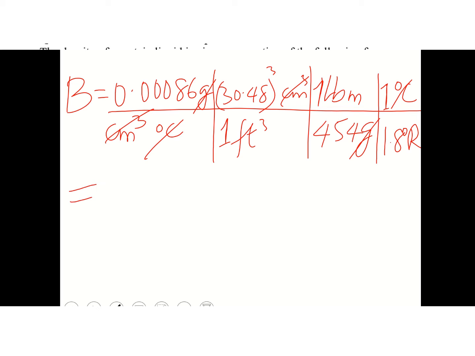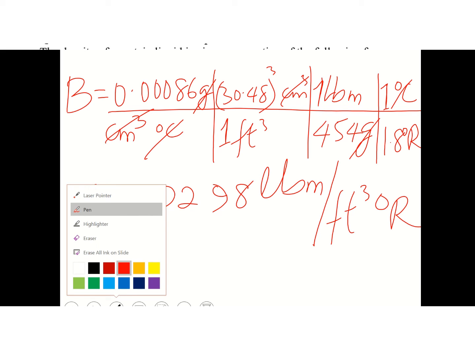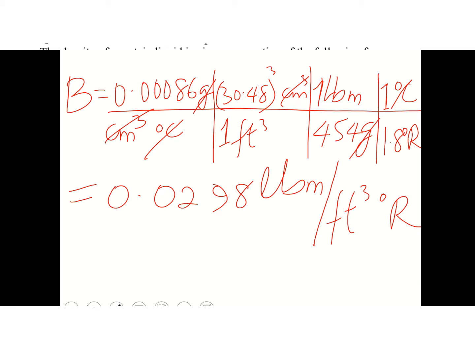By the time you do the arithmetic, you're going to have the final value of B to be 0.0298 pound mass per foot cube per degree R. This is how it goes. Just want to make sure this is written small so that you don't confuse it for something else.